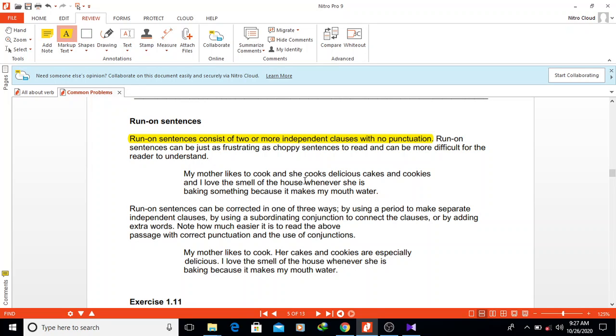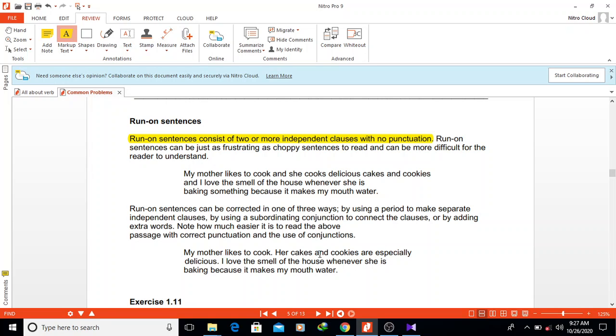Okay, so ada change yang pertama. Jadi bisa juga kamu pakai koma, tapi kamu tetap harus pakai and ya. Jadi kalau pakai koma tidak boleh hilang conjunctionnya. You have to still use the conjunction if you use the comma. So you can say my mother likes to cook, comma, and she cooks delicious cakes and cookies. Ya boleh lah kayak gitu ya.